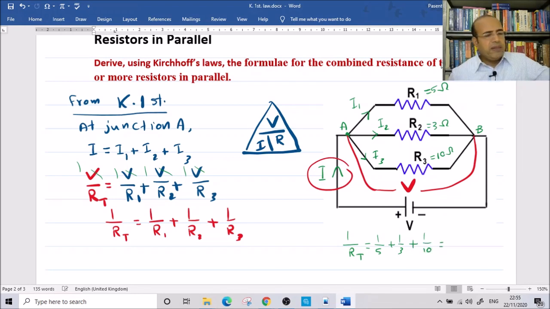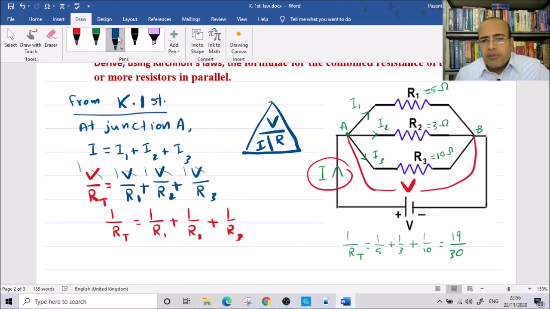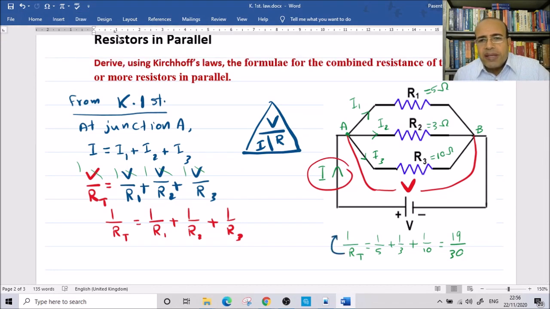We use the calculator to get the answer as a fraction. The answer is 19 over 30. This is not R total, it's 1 over R total. So how can we get R total from this? We flip both sides. So R total equals 30 over 19.